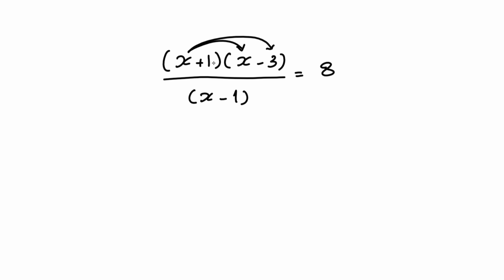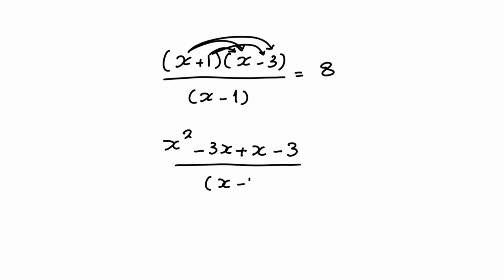Now multiply both sides by x minus 1. This gives us (x plus 1) times (x minus 3) equals 8 times (x minus 1). Next, let's expand both sides. The left side becomes x squared minus 2x minus 3, and the right side becomes 8x minus 8.